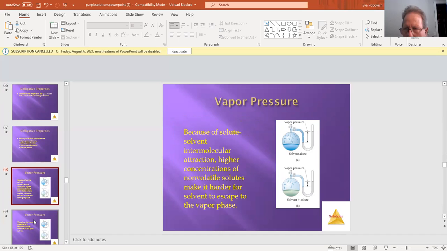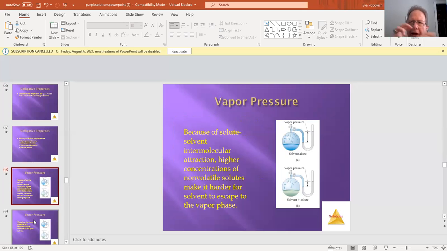So, when you dissolve something in a liquid, what happens is its vapor pressure decreases, because what the solvent is doing is it's dissolving your solute. So if it is dissolving the solute, there is an attraction from the solute to the solvent.